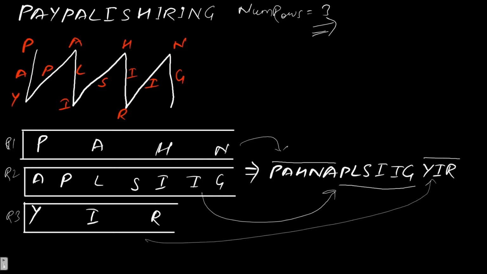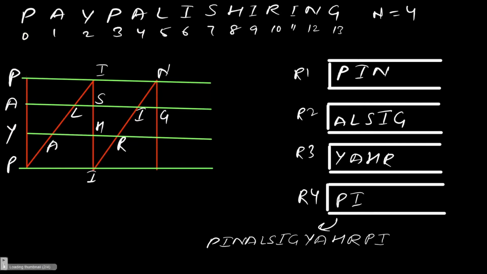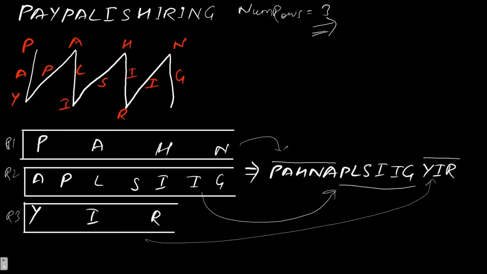We can see here, if numsRow is equal to 4 for the same string, it will be something like this. We have placed our string like this, and then after writing all the characters in zigzag fashion, we have to write all the characters that are in row 1 first. Like we will write all the characters that are in the zeroth row, PAHN.